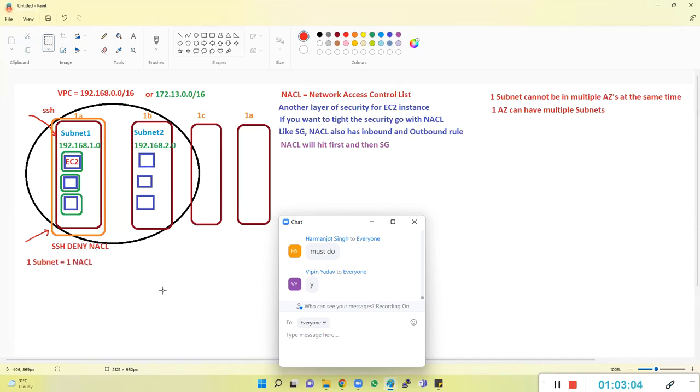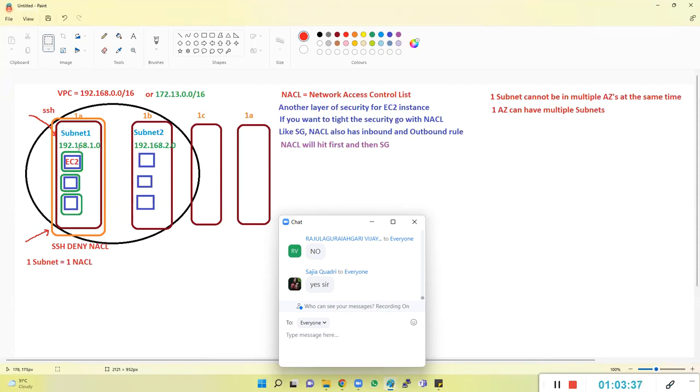Is it possible to deny on a security group? No, we cannot deny on a security group, but in NACL you can deny SSH. This NACL is attached to the entire subnet. NACL is not related to the EC2 instance, it is at the subnet level. If you do an inbound deny rule on NACL, it will affect the entire subnet.